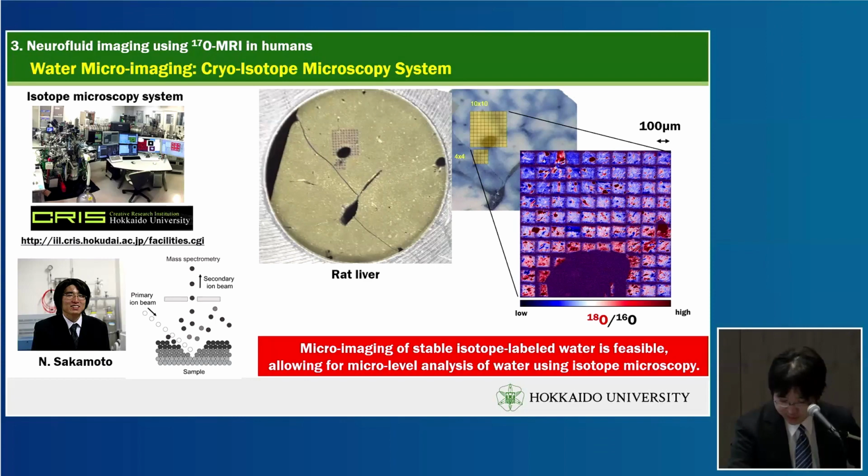This is a preliminary result, but the micro-level distribution of water tracers can be observed consistently in the vascular lumen of rat tissue. So using O17 water as a common key tool, we are working to reveal neurofluid dynamics at multiple scales.